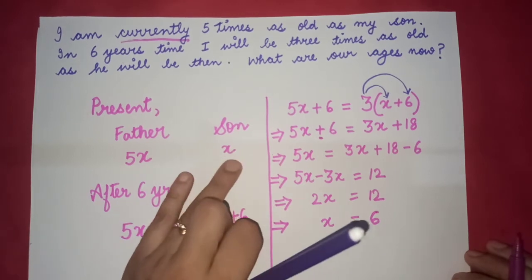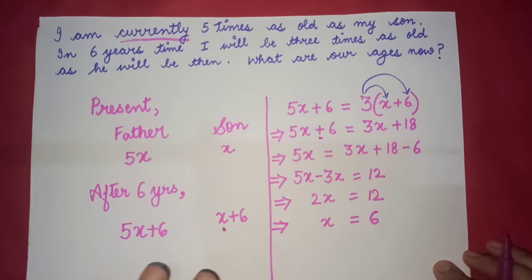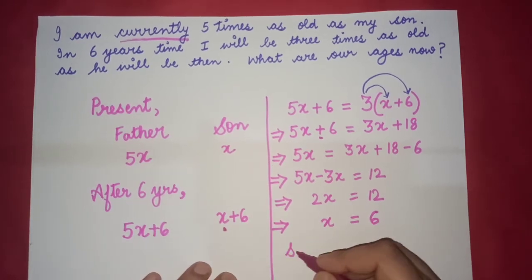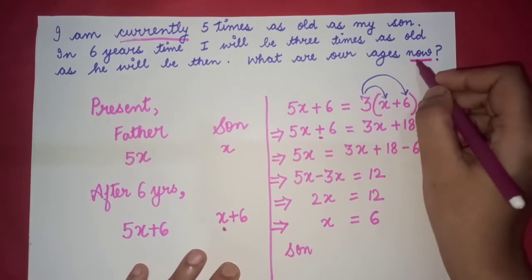If I say I've got this x, that means I've got the son's present age. They are asking what are the ages now. Now means in the present.